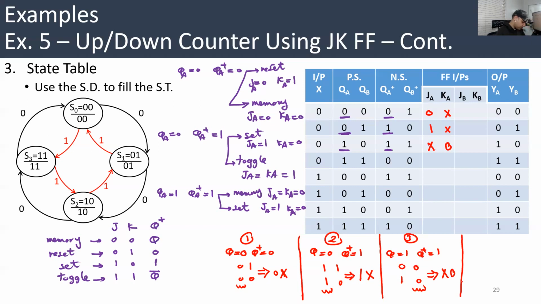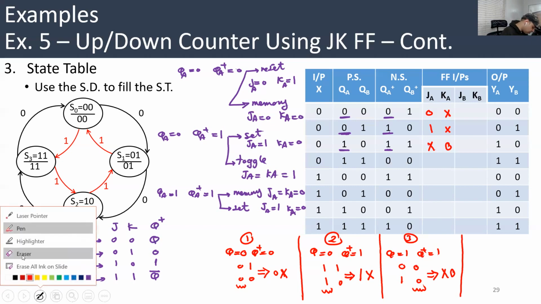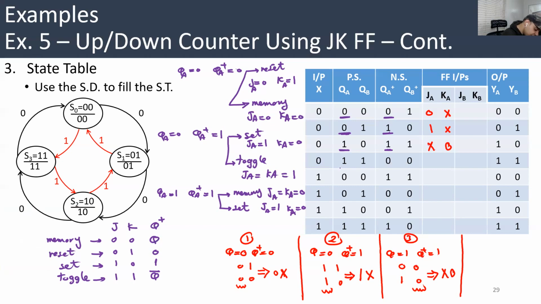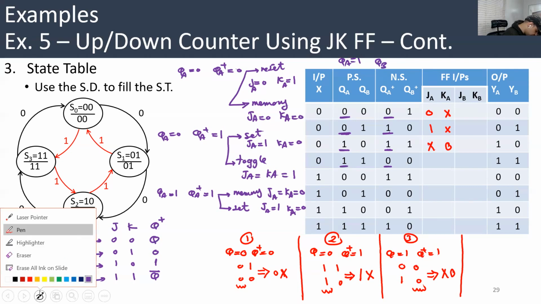Let's do now the fourth entry, fourth row. 1, 0. We didn't do that before. So 1, 0. So QA is 1.